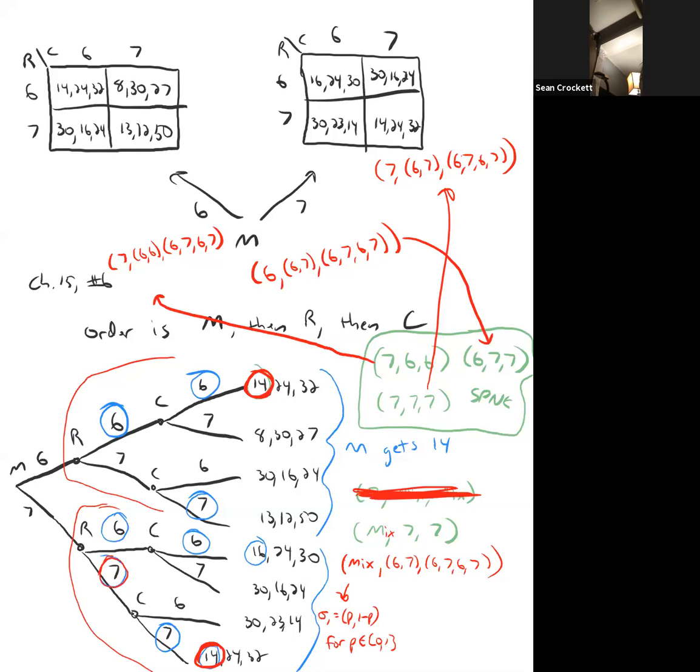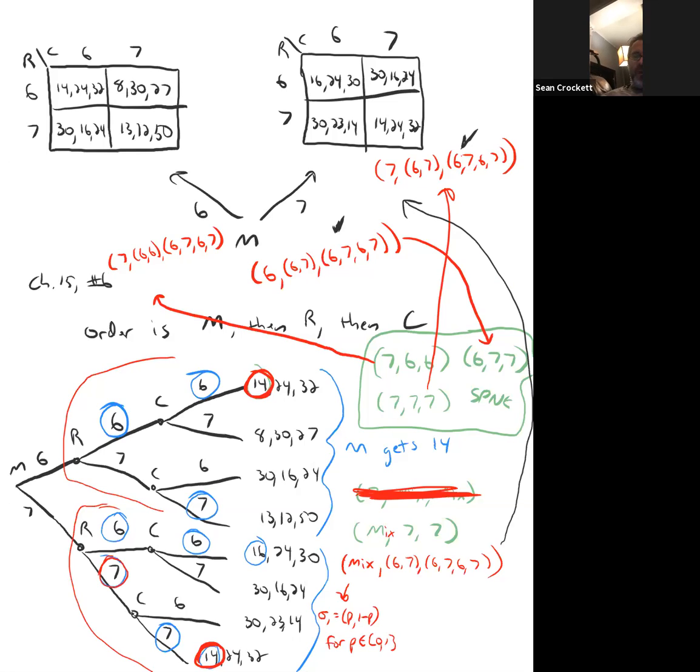This one up here and this one up here, where you notice player 2 is playing 6 and 7. Player 1 could choose 7, or player 1 could choose 6, or player 1 could choose a mixture in between the 2. Player 1 can mix any mixture between 6 and 7.